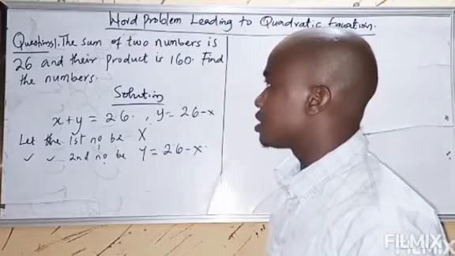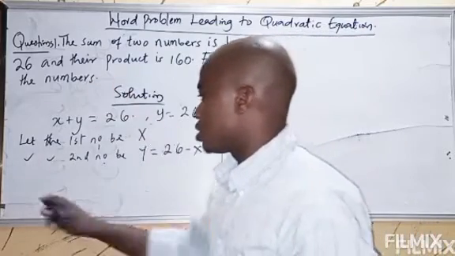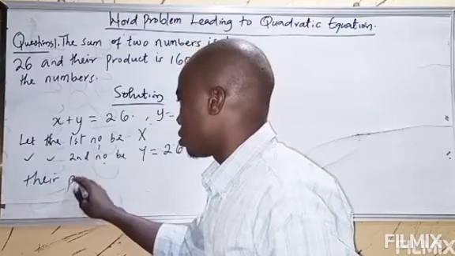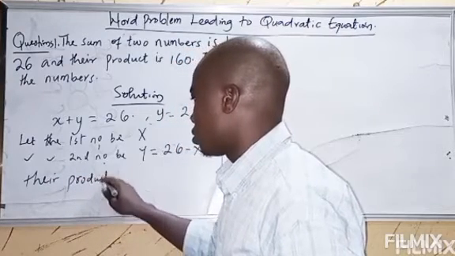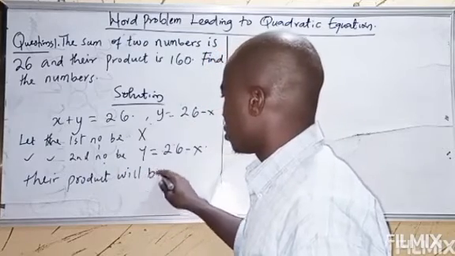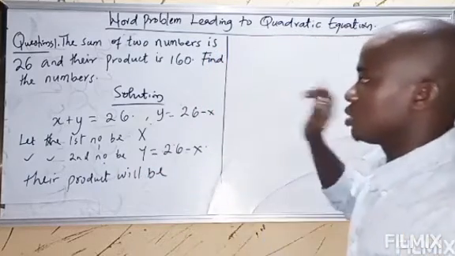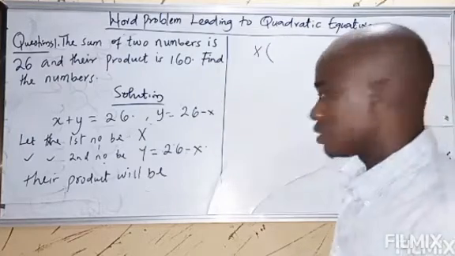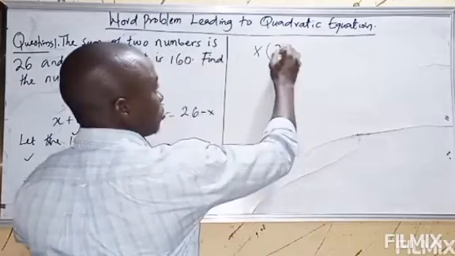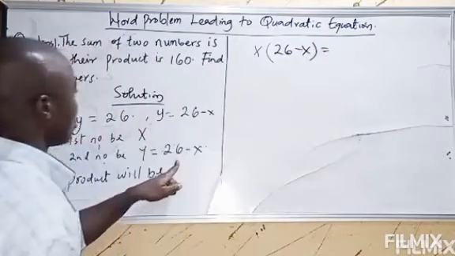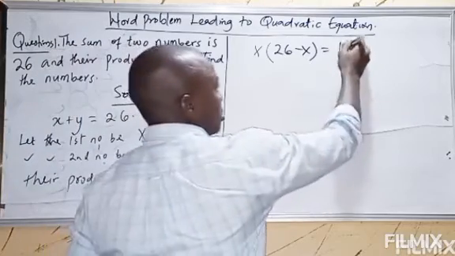So the next thing is the product. Their product will be x multiplied by 26 minus x equals 160.